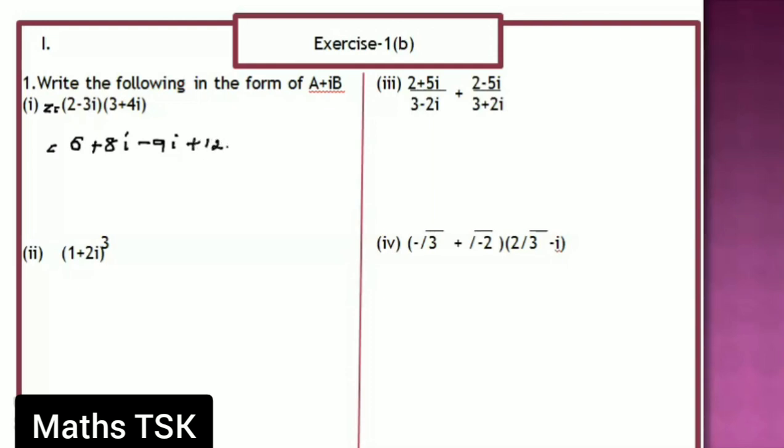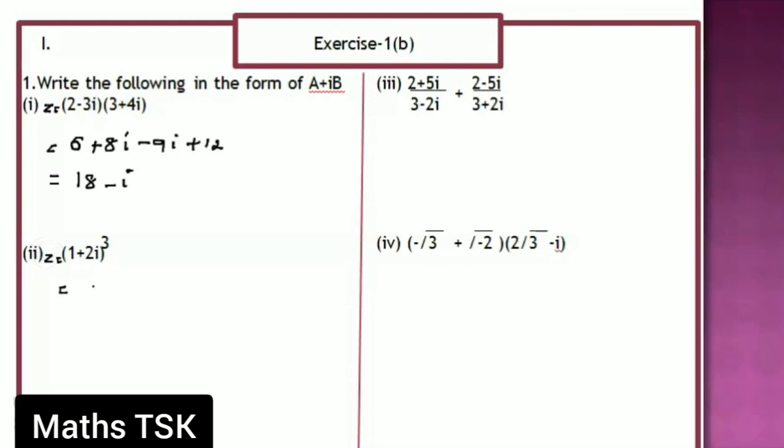Minus 12 i square, that is 12. 12 plus 6 becomes 18, and then 8i minus 9i becomes minus i. This is in the form of a plus ib, where a is equal to 18, b is equal to minus 1.